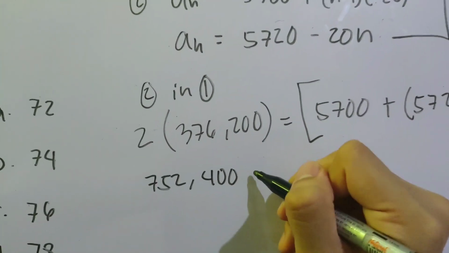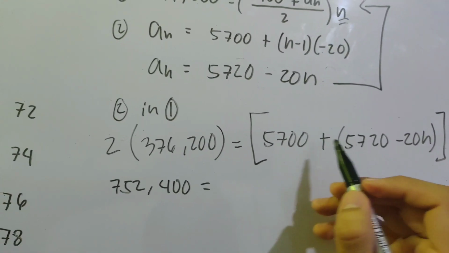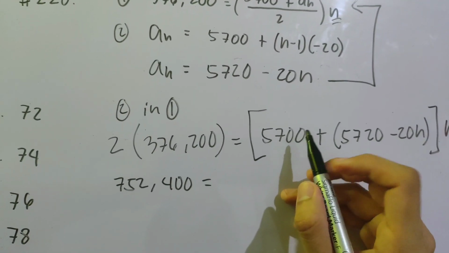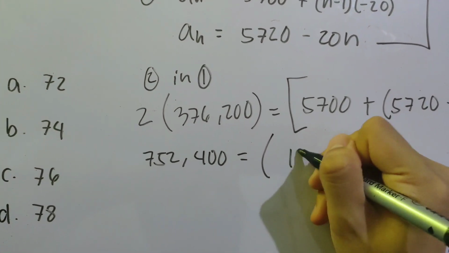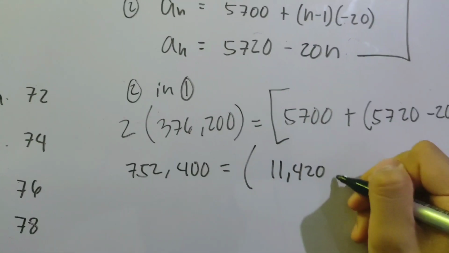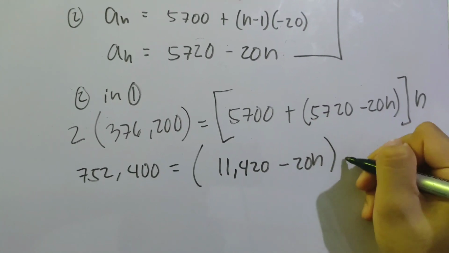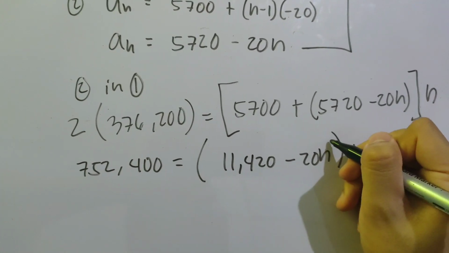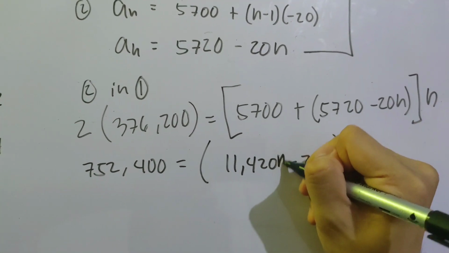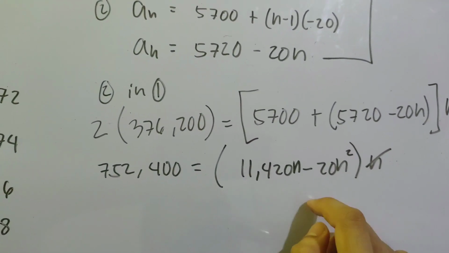752,400 is equal to, so ito, i-add na natin itong dalawang to, 5,700 plus 5,720. Ito magiging 11,420 minus 20n times n. So i-distribute natin yung n sa loob. Ito magiging n squared. Tanggalin na natin yung n doon kasi na-multiply na natin. So meron na tayong quadratic equation.